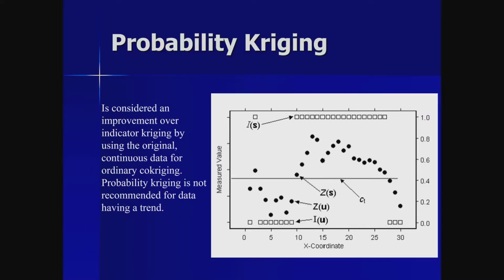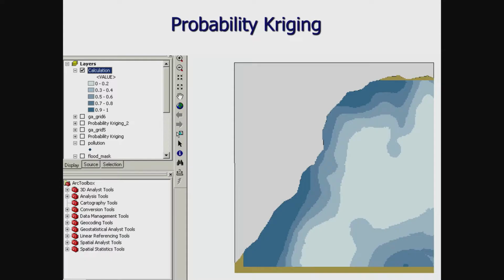All right, probability kriging is similar, so it kind of builds on indicator kriging, but probability kriging looks at the probability of a value being above or below a certain threshold.